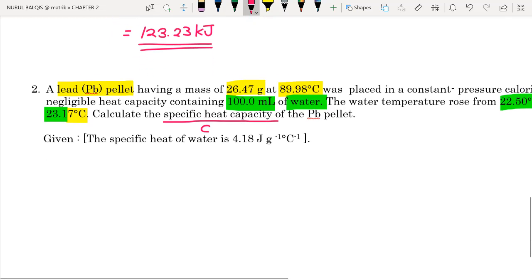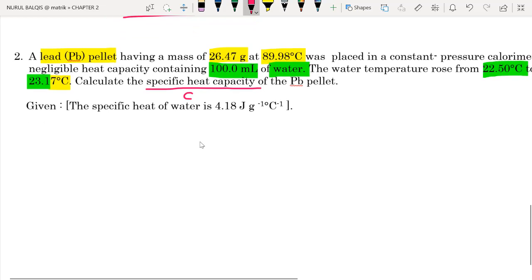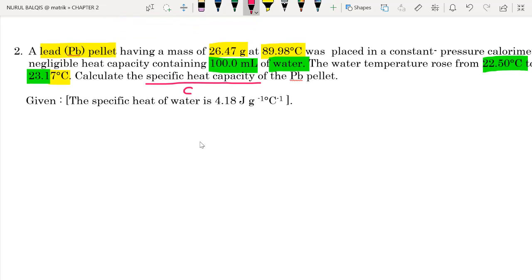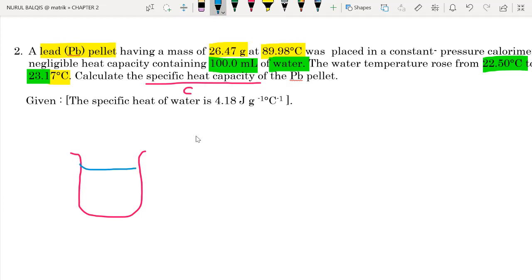Okay, since we've got two different situations in the same setup, we need to imagine a bit how it looks. So imagine we have a beaker down here. The beaker is filled with water, and also we have the Pb pellet, the lead pellet, down here.